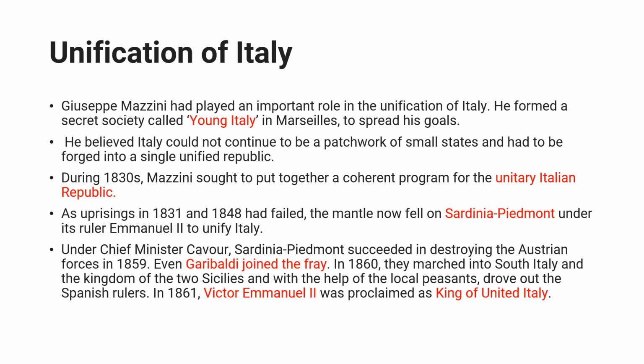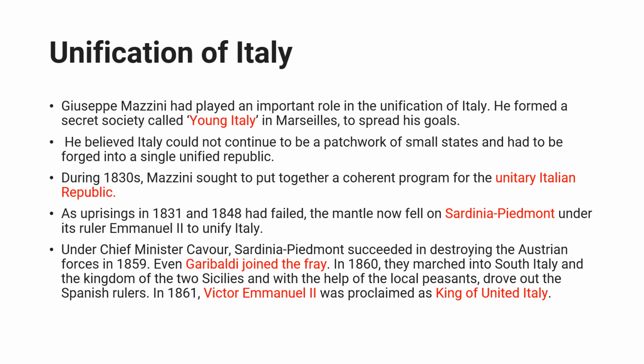As uprisings in 1831 and 1848 had failed, the mantle now fell on Sardinia-Piedmont under its ruler Victor Emmanuel II to unify Italy. Under Chief Minister Cavour, Sardinia-Piedmont succeeded in defeating the Austrian forces in 1859.